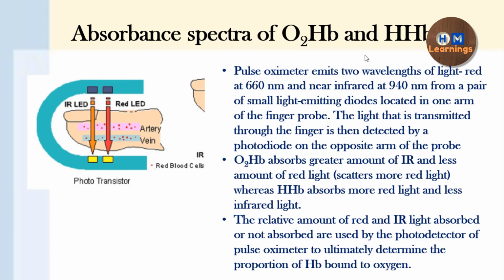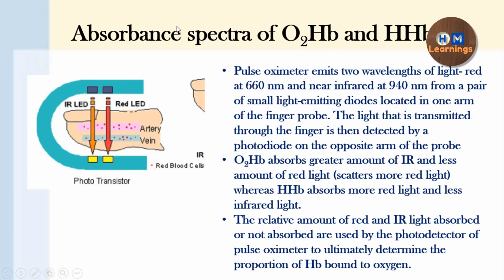The difference between the absorbance of these two wavelengths will then be assessed by the microprocessor and the software of the pulse oximeter to finally give you a value of SpO2. That is the oxygen saturation of the hemoglobin, the percentage of oxyhemoglobin.